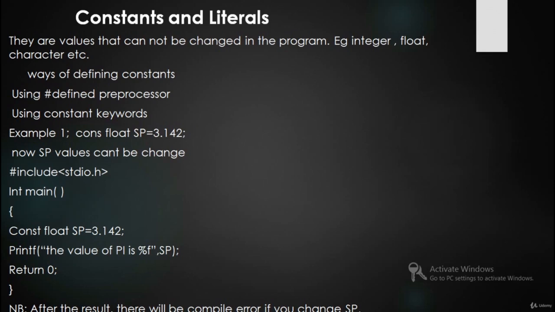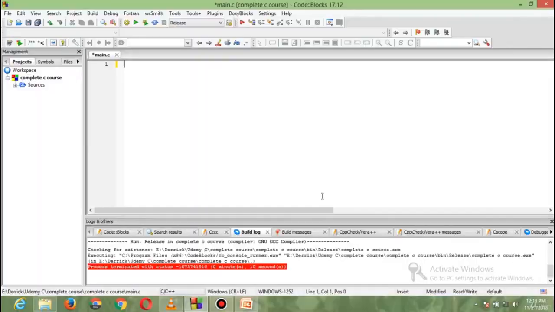Now the sp value cannot be changed. Once it has been assigned as constant, it cannot be changed in the course of our process. So let's try to build this program in our Code::Blocks and see.